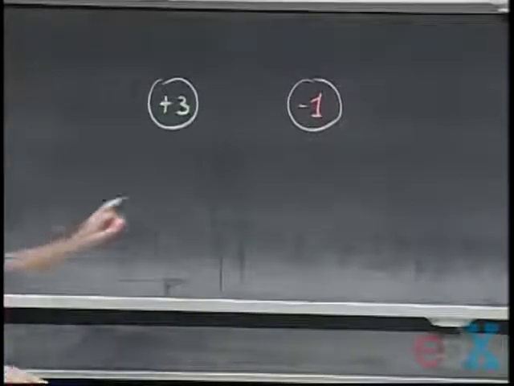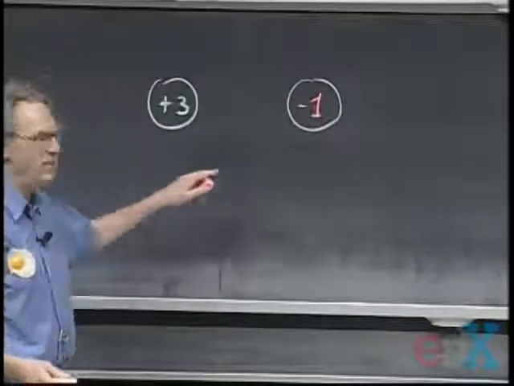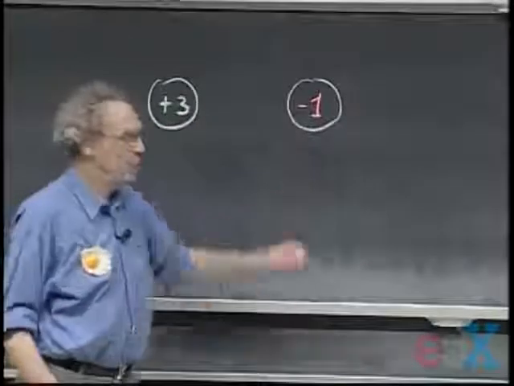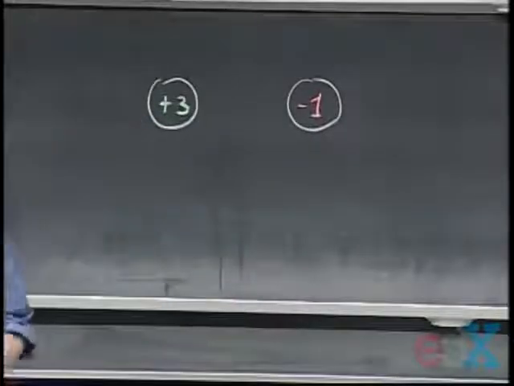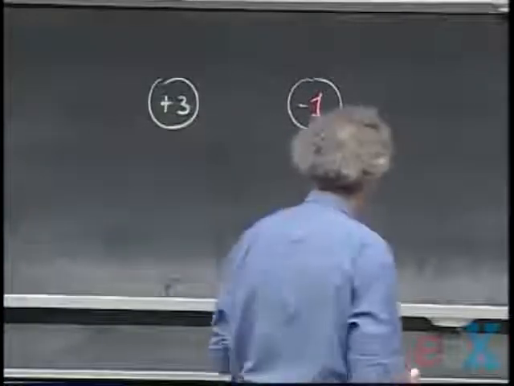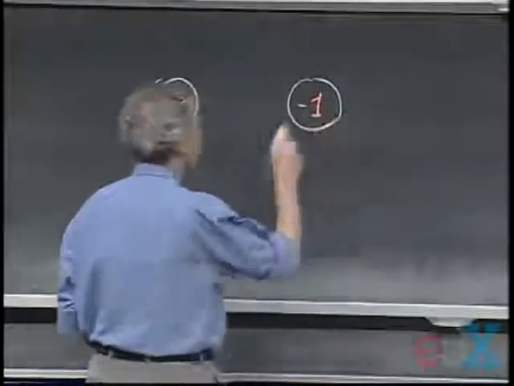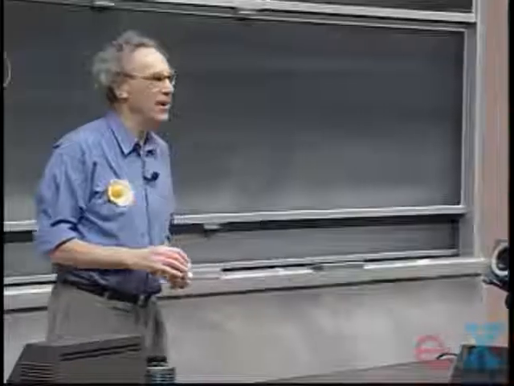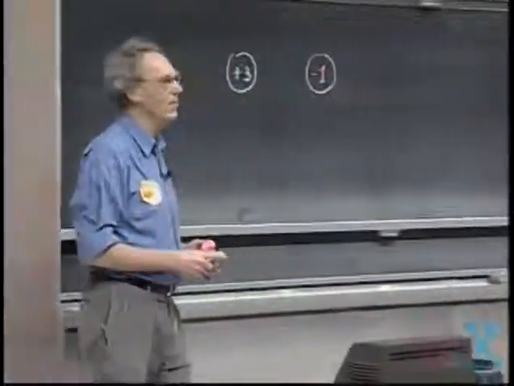You can go to any particular point, you get an E vector which is going away from the plus 3, you get one that goes to minus 1, and you have to vectorially add the two. If you're very close to minus 1, it's very clear, because of the inverse R square relationship, that the minus 1 is probably going to win.